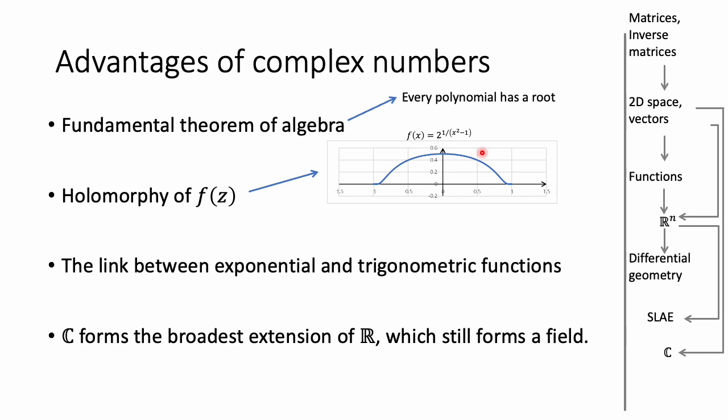So real functions apparently may coincide in certain points up to all derivatives, up to all orders of approximation. So this function here coincides with the constant 0 in these points. But in the case of functions of a complex variable, it's not the case.